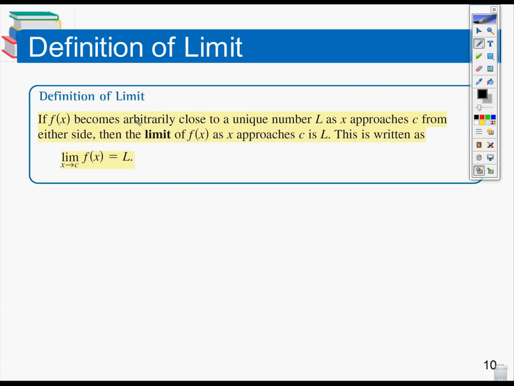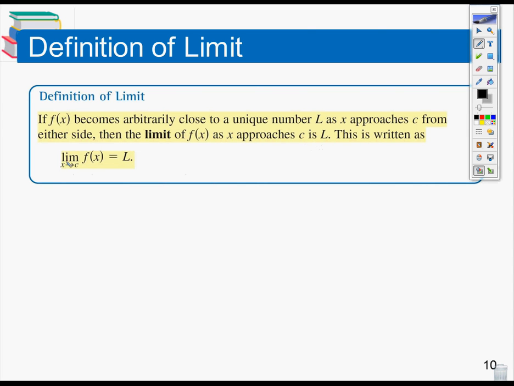What the definition formally is, and you'll probably never actually write this whole thing out because for whatever reason the symbols cause everyone to freak out: if f of x, a function, becomes arbitrarily close to some number L as the x values approach some other number c from either side, in the last example coming from the left side and from the right side, then we can say that it has a specific limit at c of L.